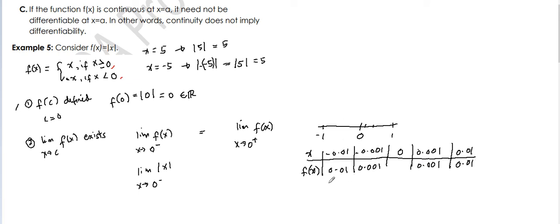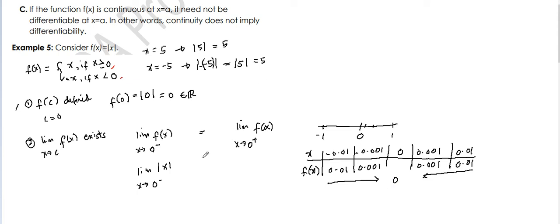Okay, kung titignan natin dito, yung ating mga values ay nag-approach, as x approaches 0 from the left, nag-approach ang ating function sa 0. Dito naman, from the right, nag-approach ang ating function sa 0 din.